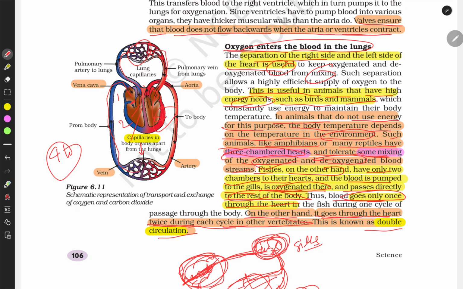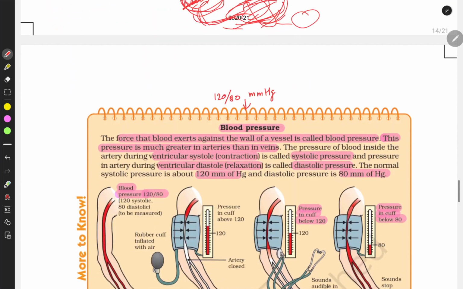The heart again pumps, it compresses the blood, the valves close, and the oxygenated blood goes this way. So for the circulation, the blood is traveling through the heart twice, and this twice entering of the blood is called double circulation.